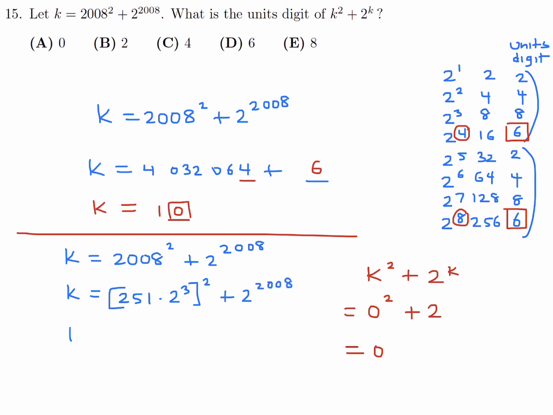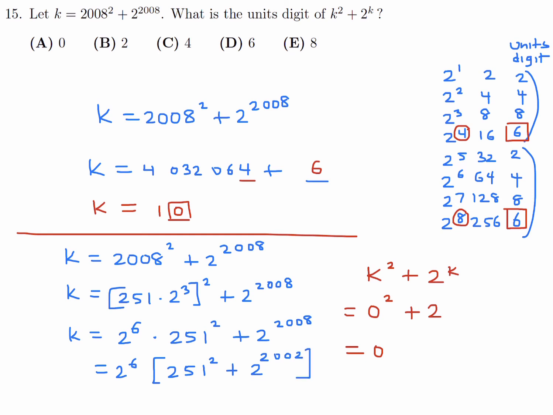And then this one here, we combine and you get 2 to the power of 6 times 2 to the 251 to the power of 2 plus 2 to the power of 2008. And then you can factor out 2 to the power of 6 from this whole thing, and that just leaves you with this 251 squared plus 2 to the power of 2002.